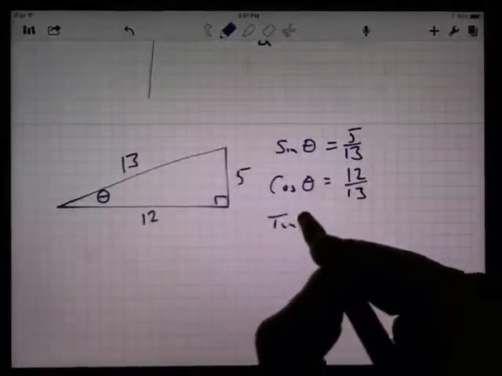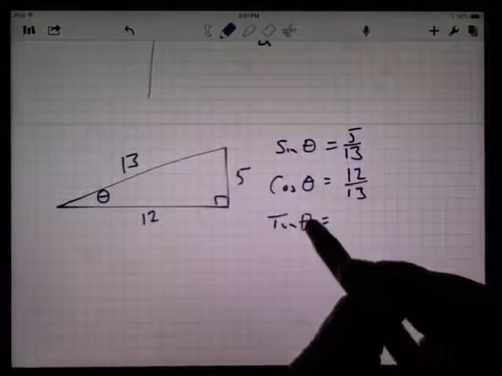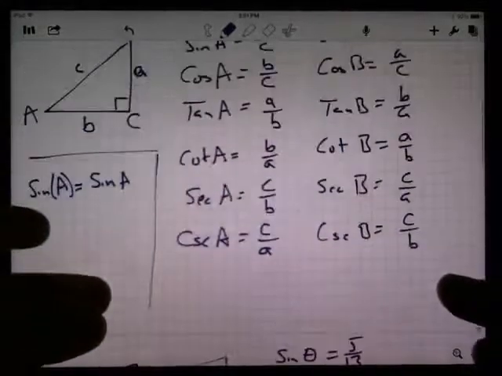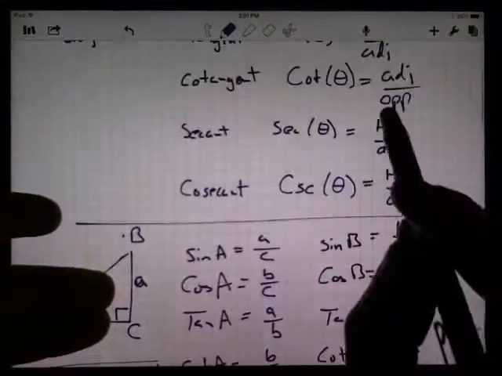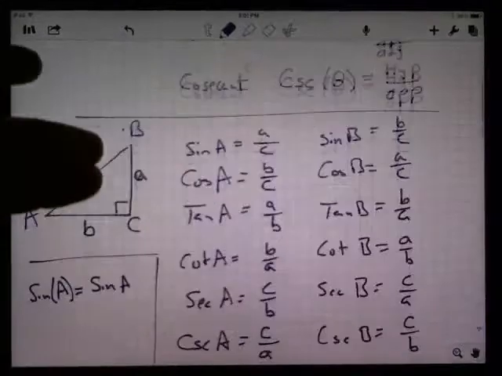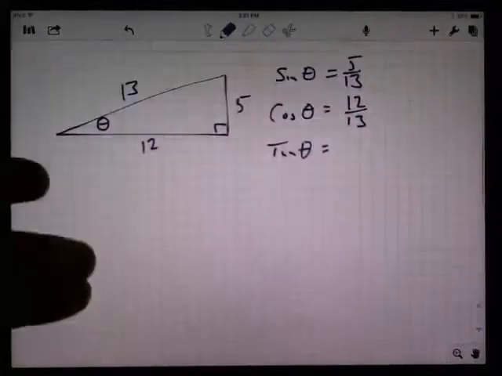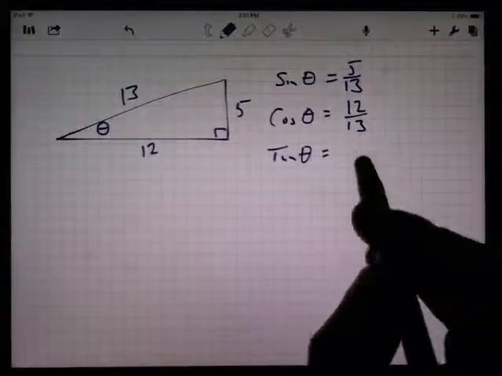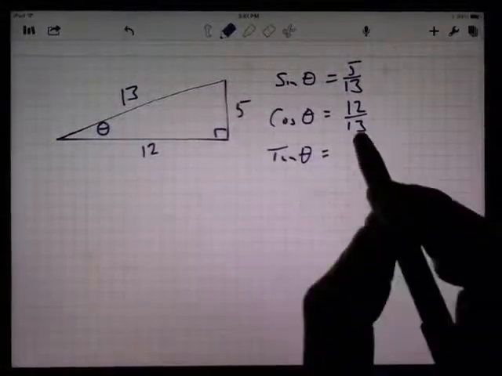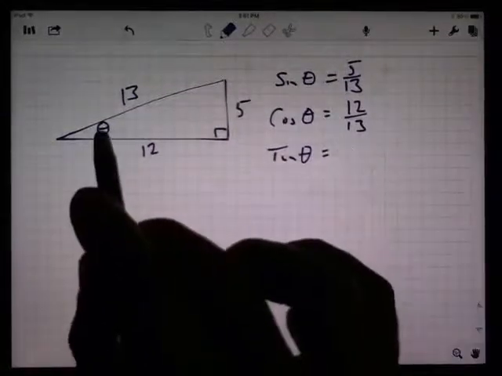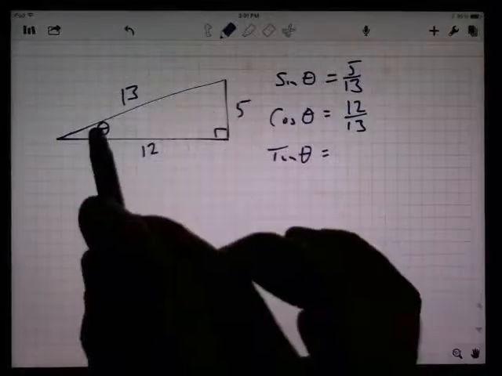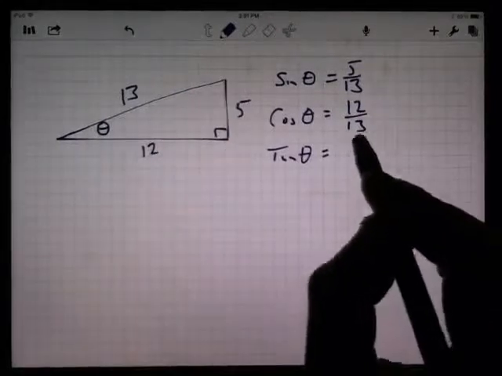The tangent of that angle. If you can't remember, don't be afraid to look back up here and say, what was tangent? Tangent was opposite divided by adjacent. Okay, I mean, I can remember, but pretend I can't for a little bit. Opposite divided by adjacent, right? This angle, opposite side. This angle, adjacent side. Okay, so 5 divided by 12.